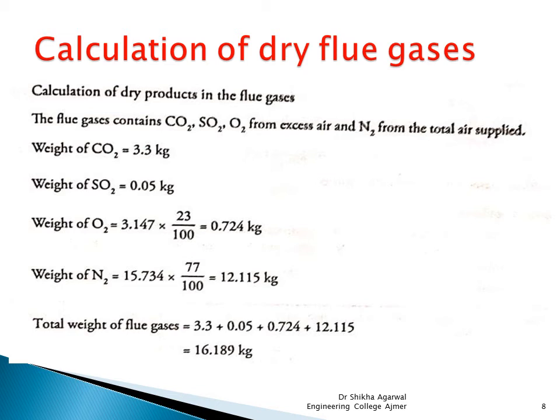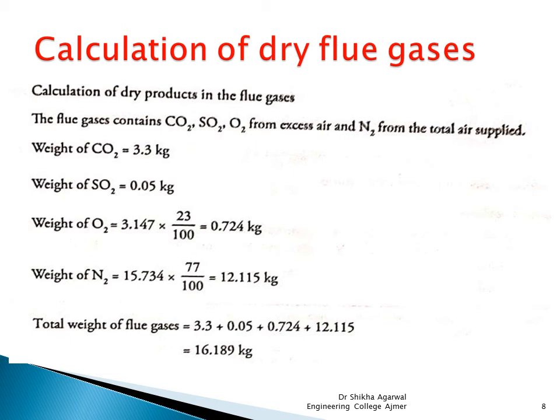Now we will calculate the weight of oxygen. Now oxygen comes out from the excess air. So excess air was 3.147 kg. So it is 3.147 into 23 by 100. So you get 0.724 kg. Now nitrogen is 77%. So the nitrogen of the total air will come out with the flue gases.